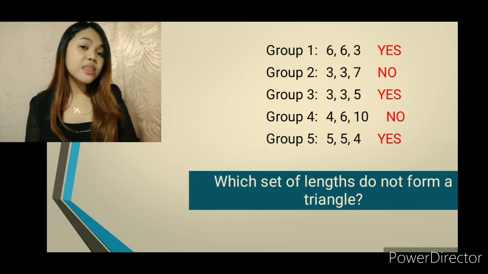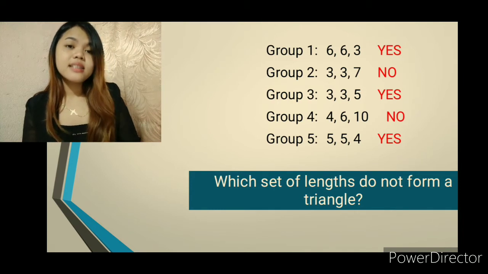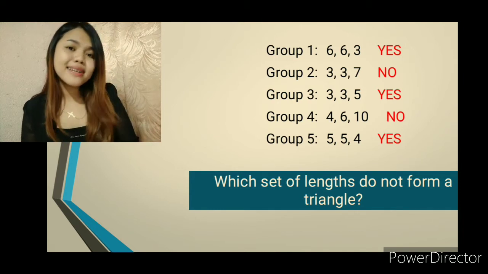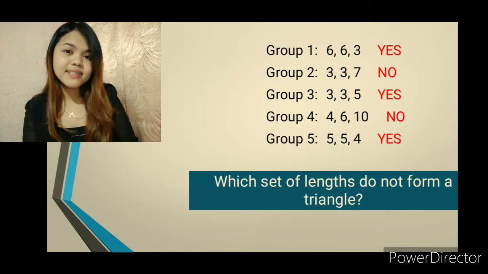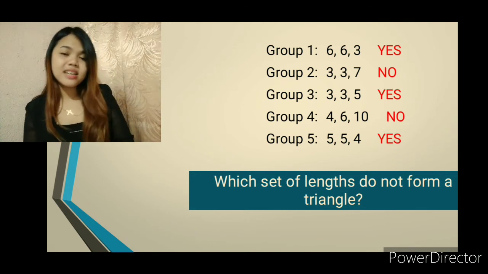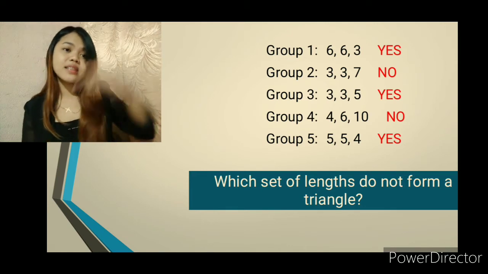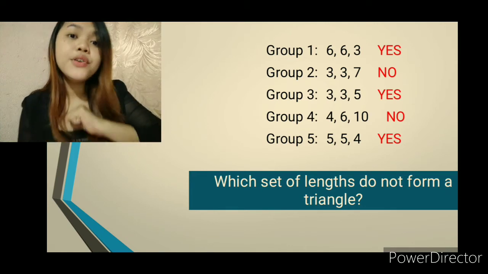So 3 and 3, you add them, the sum is equal to 6, and 6 is less than 7, and it cannot form a triangle. So that's why our answer is no.